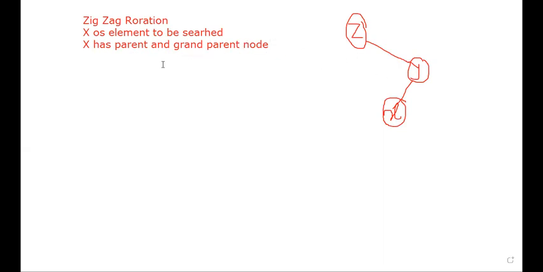With respect to this zagzig rotation, X has a parent node. Y is on the right side of the root node.